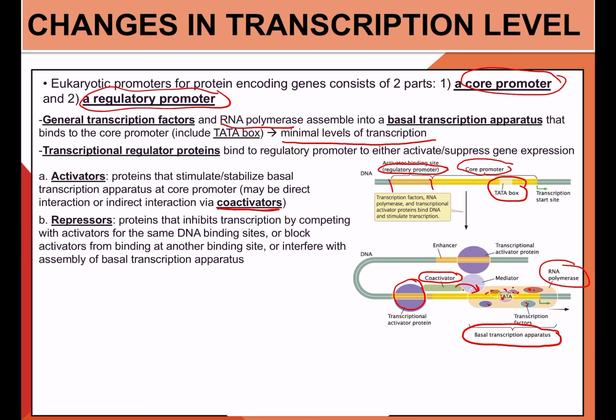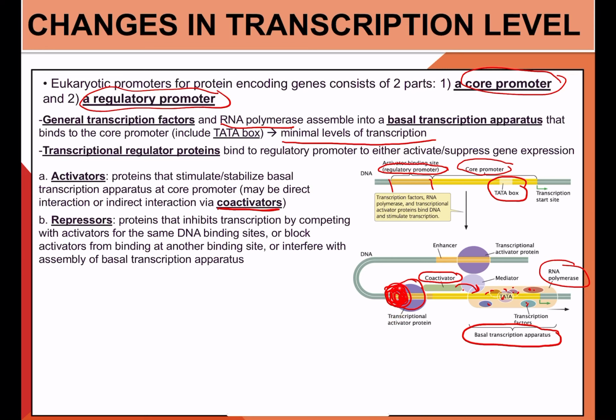So remember, here you have your transcriptional activator. But what if you have a repressor binding right here? If a repressor binds there, then here comes the activator and it can't bind. If the activator is blocked by the repressor, it cannot enhance gene expression. So that's how a repressor works.